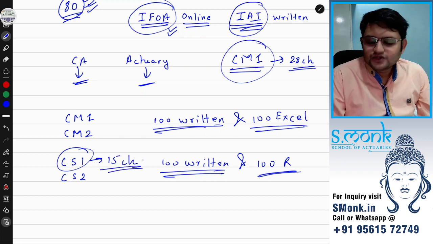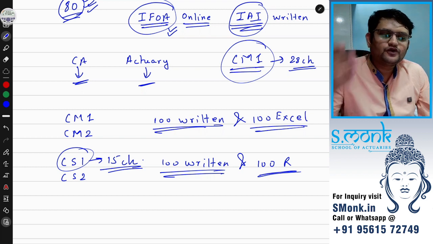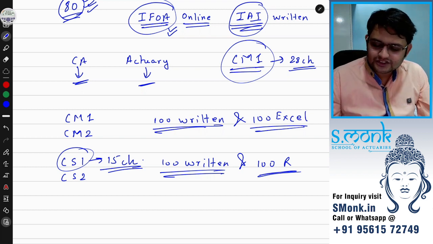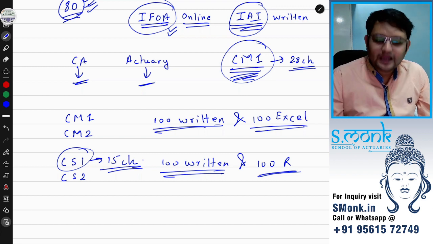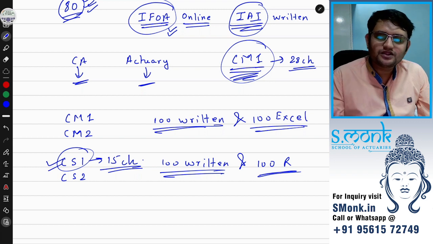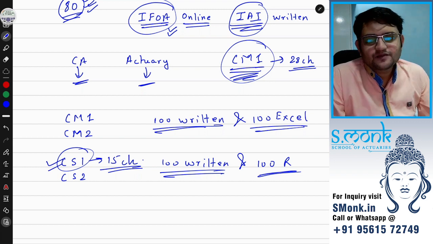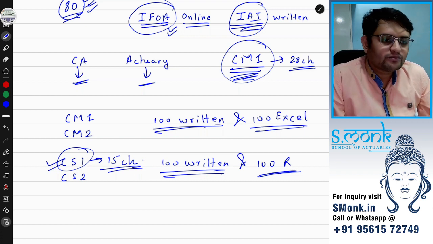Okay. So you are studying much more in CM1, and if you are starting early, see what happens is, right now I will always say CM1. If you come to me in mid-May, I will suggest CS1 because you will not have a lot of time then for CM1. It takes about 5 months to study CM1 properly. It takes about 4 months to study CS1 properly.